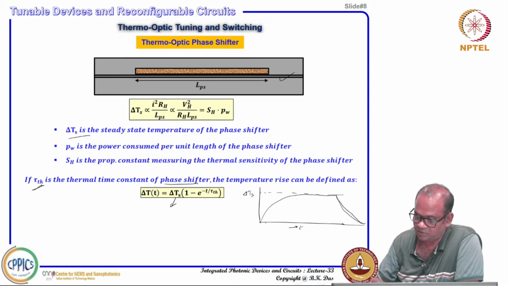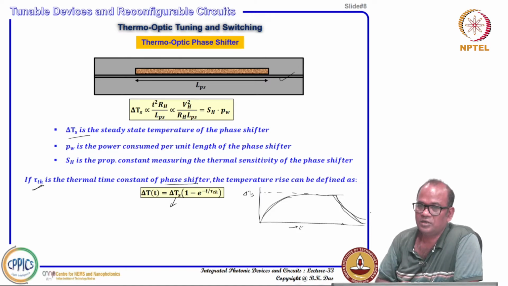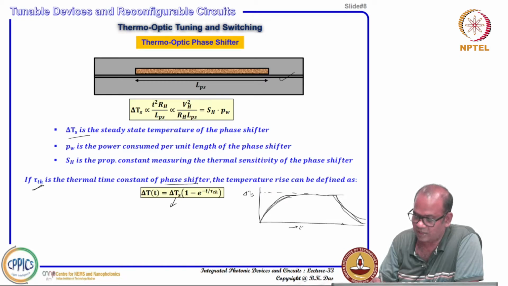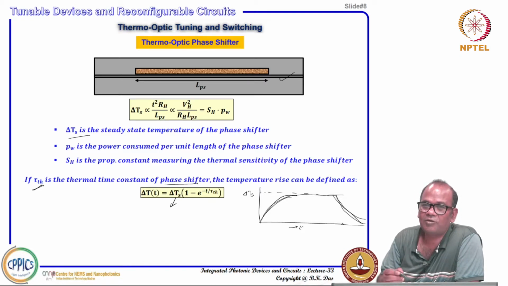So, this rise time and this fall time, most of the time are almost equivalent, but it depends on how close a microheater you are integrating; depending on that, how fast it can rise. But whenever cooling down, the microheater closeness does not matter, it depends on conductivity, surrounding regions, everything.